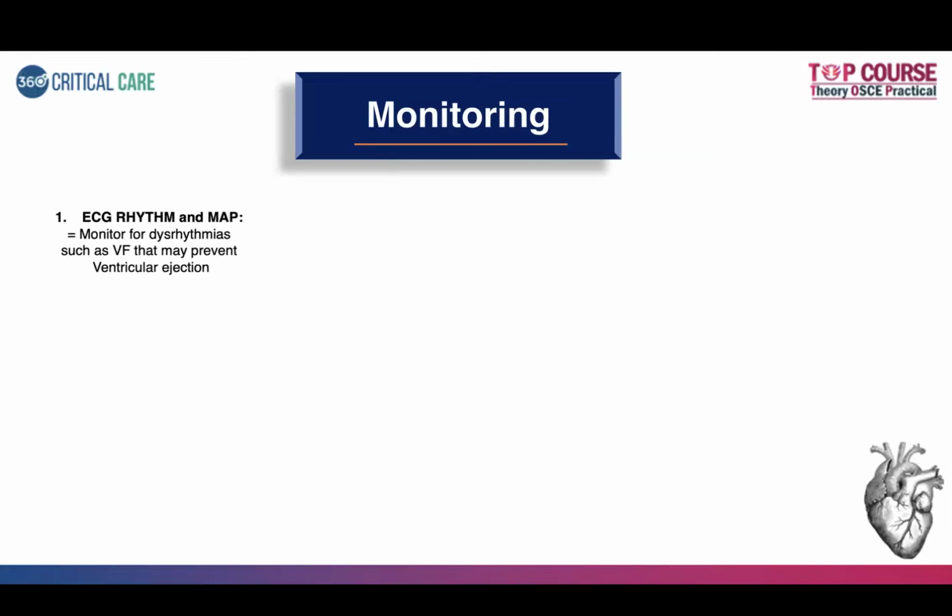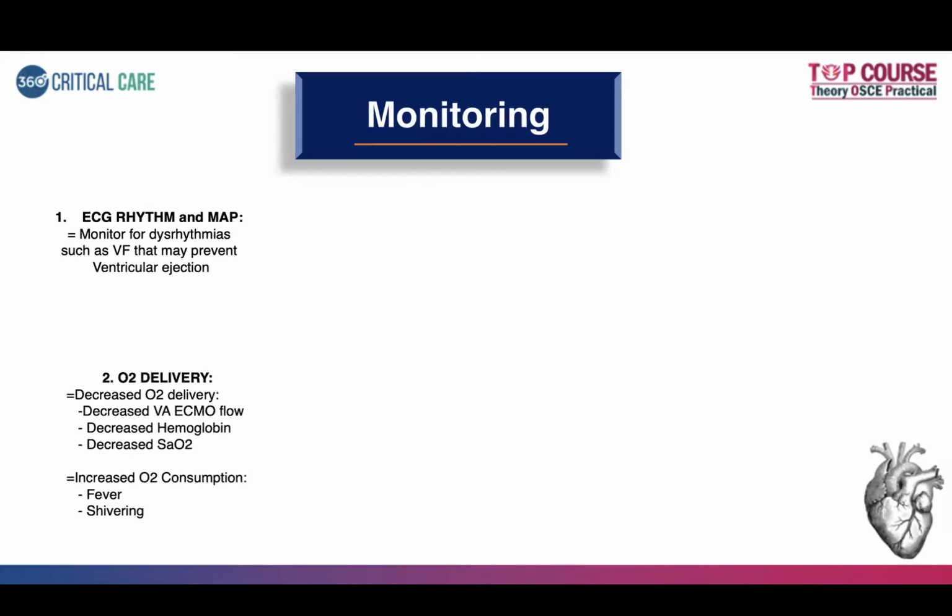Coming to monitoring, we need to monitor the ECG rhythm and MAP. We always need to monitor for dysrhythmias such as VF that may prevent ventricular ejection. Then oxygen delivery. If there is decreased O2 delivery because of decreased ECMO flows, decreased hemoglobin, or decreased O2 saturation, that needs to be troubleshooted.